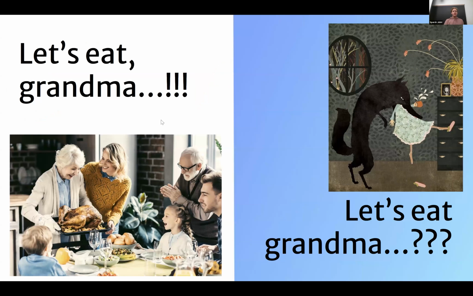And here's another example, it's even more subtle. Let's eat grandma, and then let's eat, grandma. Unless you're crazy, I don't think I would exactly enjoy the first one.